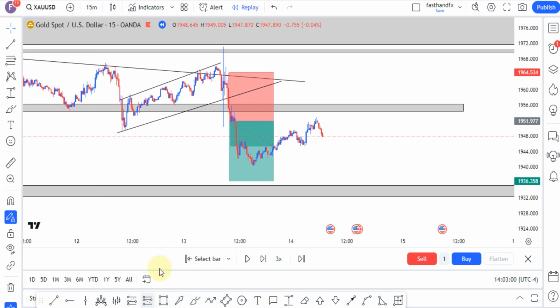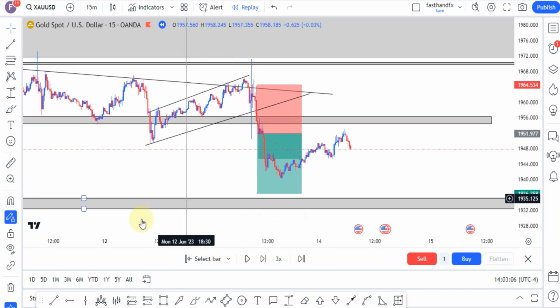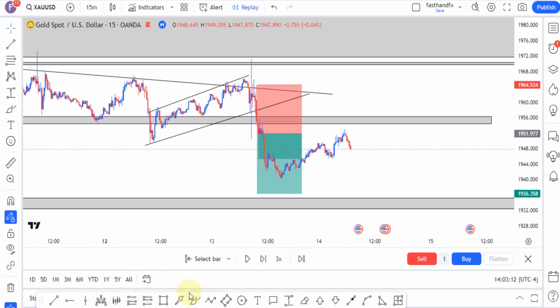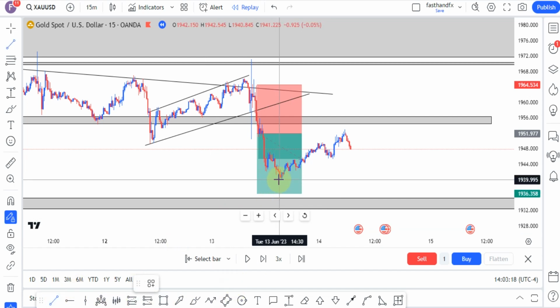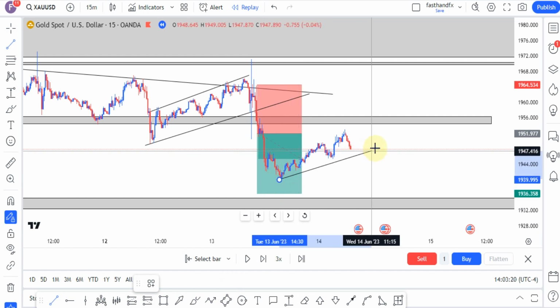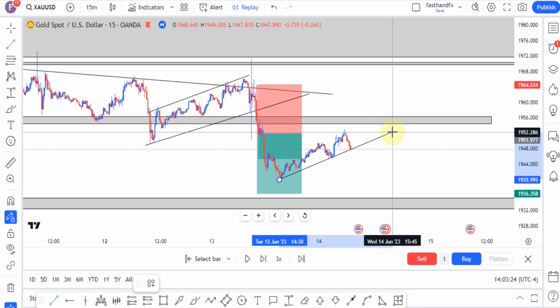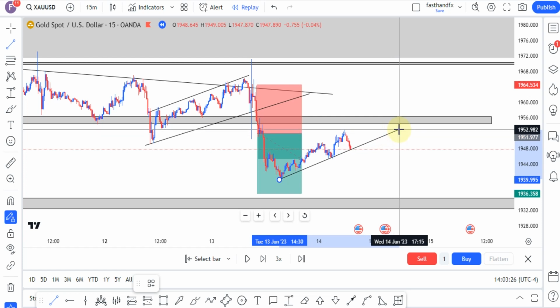So let's see, after the market giving us this impulse move, I don't know, guys, if you're seeing this trend. After this impulse move, again it's giving us a correction. This is some kind of correction we're having around here. This is another correction. So this is another opportunity to find a sell entry around this area.